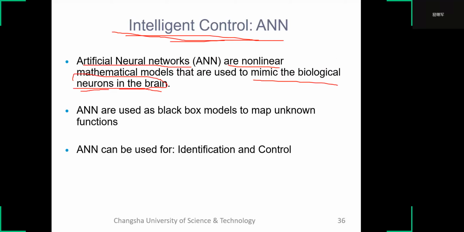They can be used for identification and control, such as face identification.